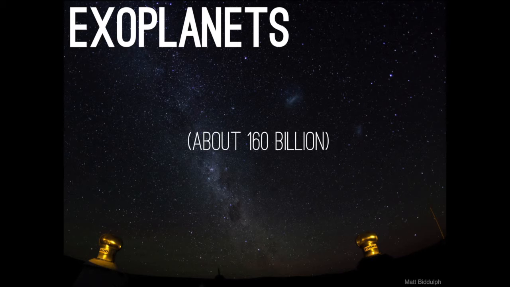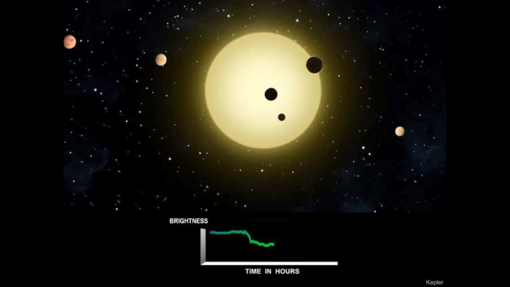But the way exoplanets have been discovered lately has been through NASA's Kepler Telescope. And what NASA's Kepler Telescope does is it essentially looks at starlight very, very closely. And it pays such close attention to this starlight that it can detect any small dips in brightness in it.